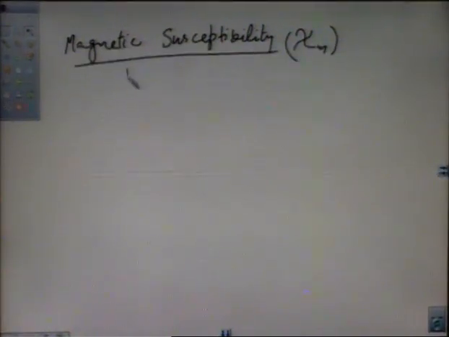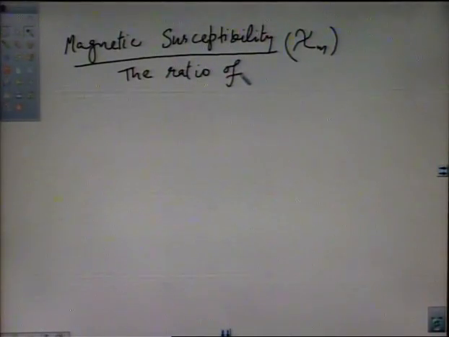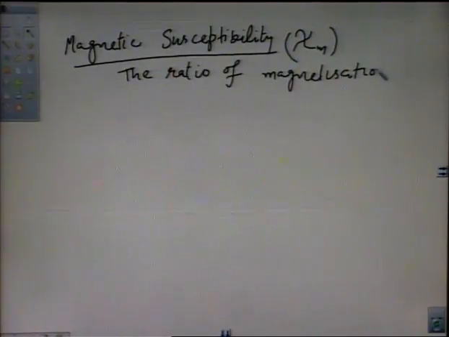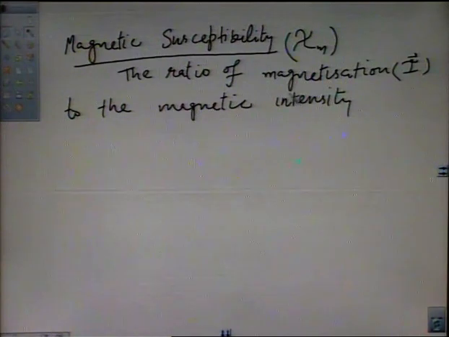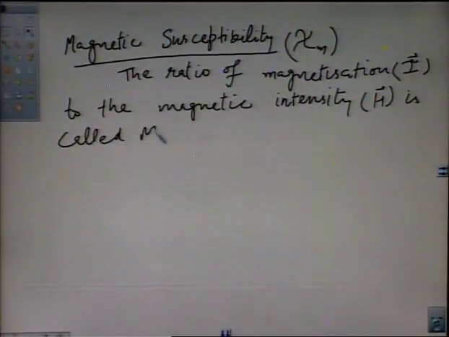It is defined as the ratio of magnetization I to the magnetic intensity H, and is called magnetic susceptibility.